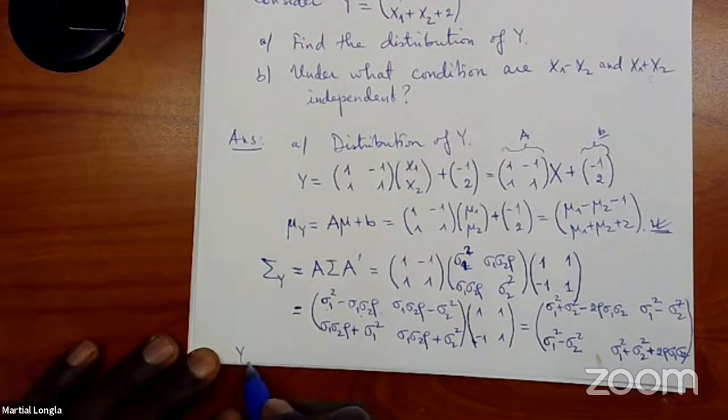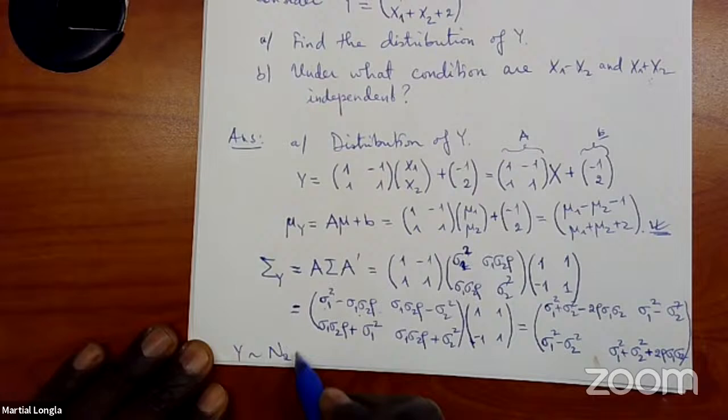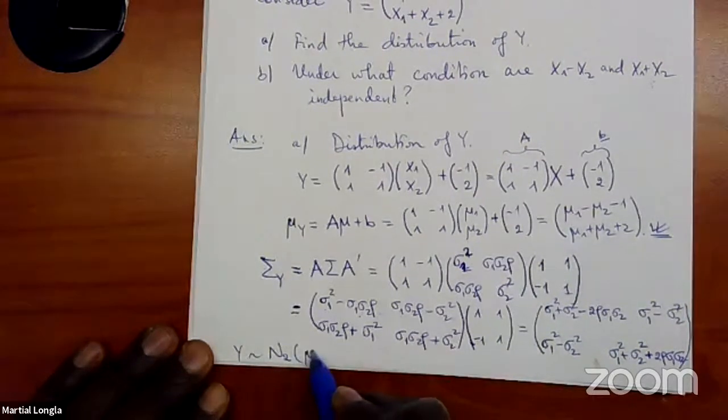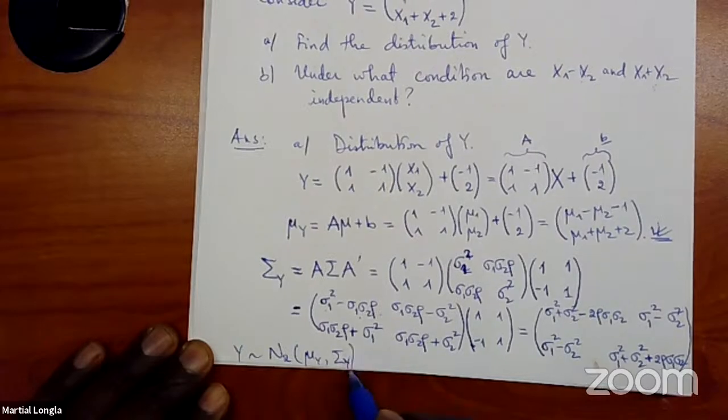So y follows a bivariate normal distribution with mean mu y that you just wrote and sigma y that you just wrote here.